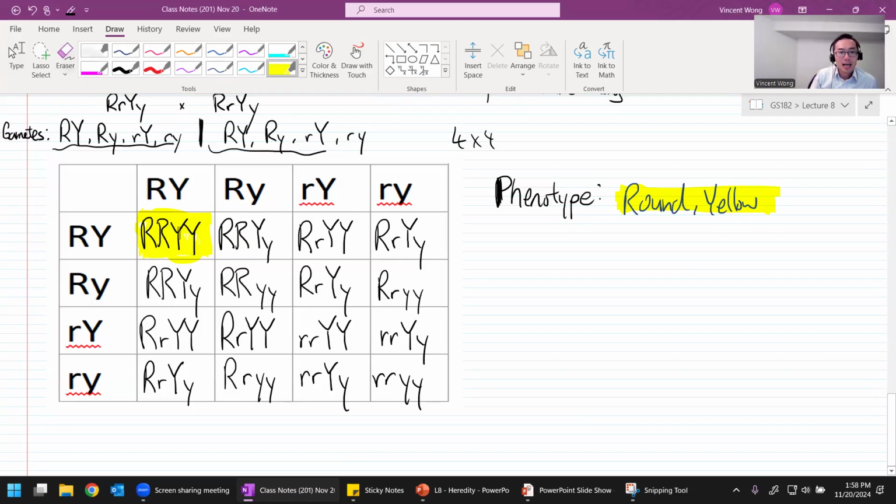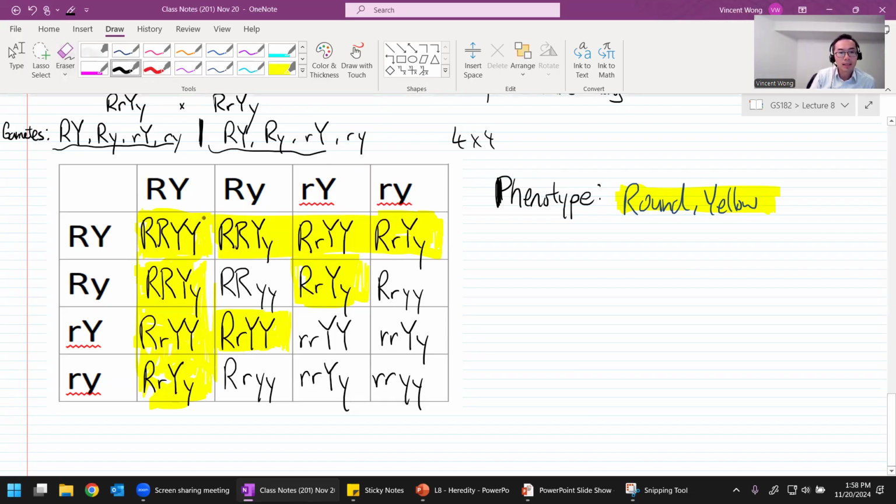Let's see. This one is round and yellow. Basically, you're looking for anything with at least one capital R and one capital Y, right? So all these up here, they are round and yellow. Round and yellow for these one as well. And this guy is round and yellow, and that is also round and yellow. Okay, I think those are it.